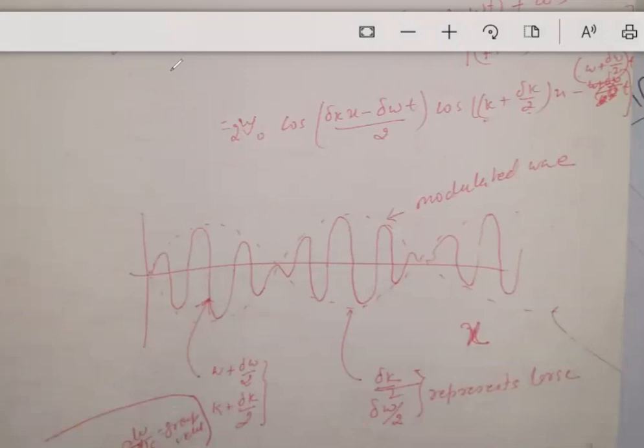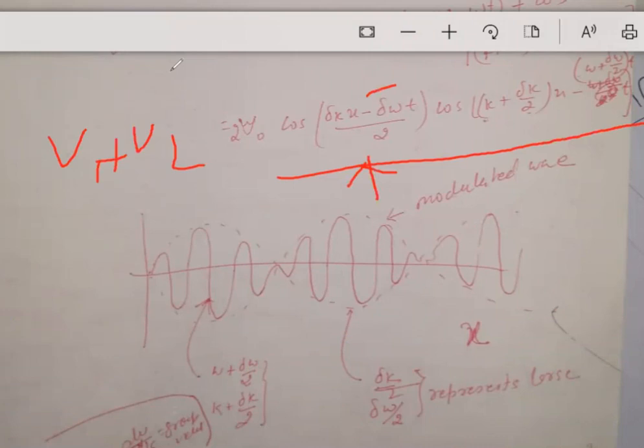So you get V1 plus V2 equal to this. Now if you look at this, one frequency is very small, here frequency is higher, wave number is higher. So it means there are two types of waves moving here.